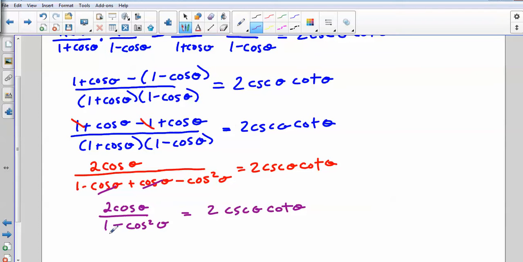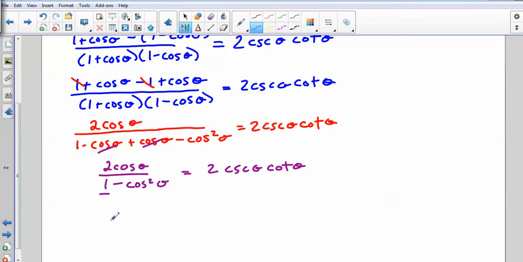So I'm going to change my 1 one more time. I'm going to change that to sine squared theta plus cos squared theta. So I'm going to copy my numerator, 2 cosine theta, and then the 1 becomes sine squared theta plus cos squared theta, and then minus cos squared theta.